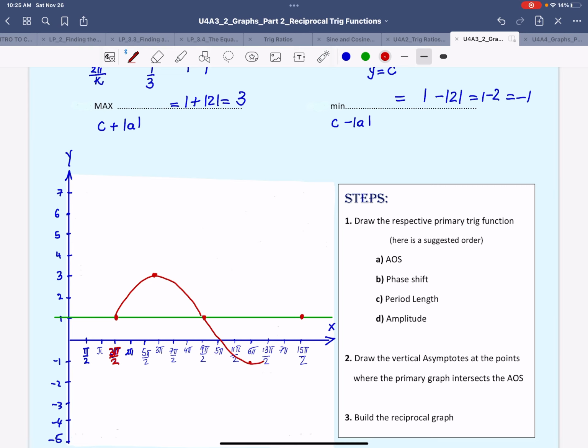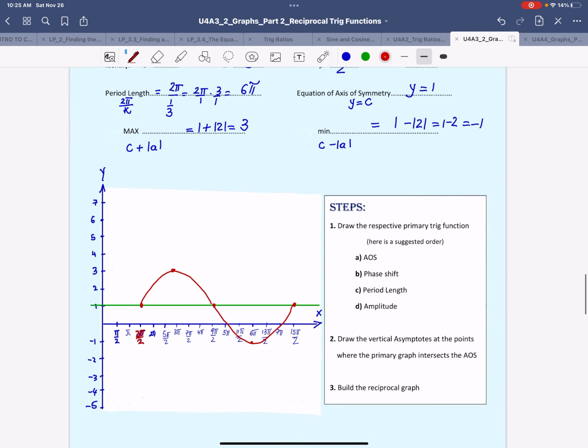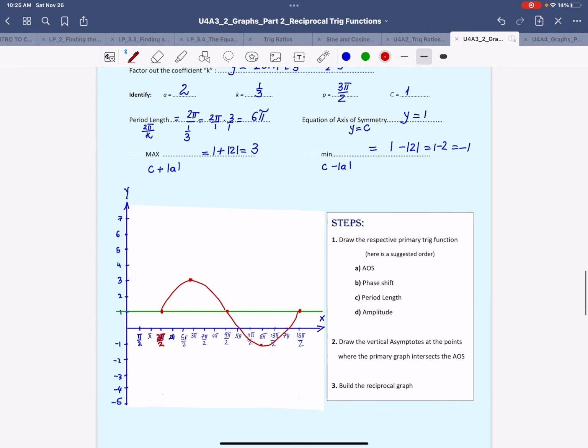Here we go. Now we are going to build the graph of the reciprocal, and this is the easiest and the most fun part of the graphing here. So I'm going to start by drawing the vertical asymptotes. The vertical asymptotes are wherever the intercepts are. Now remember that the points where the function will intersect the axis of symmetry will be like the x-intercepts, right? So right here at these points, the reciprocal will have the vertical asymptotes.